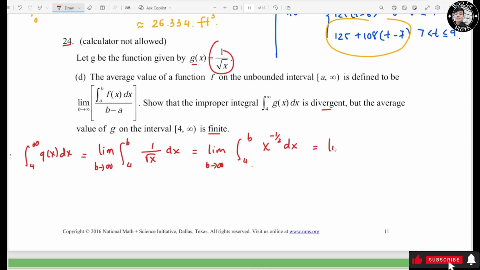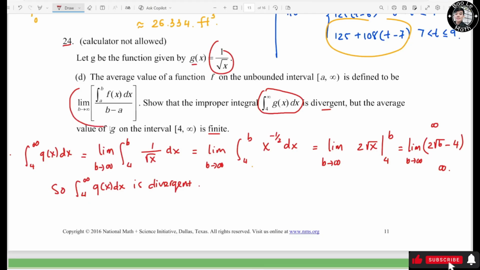So it's going to be the limit as b approaches infinity of 2 square root of s evaluated from 4 to b, right? And it's going to be the limit as b approaches infinity of 2 square root of b subtract 2 square root of 4. It's going to be 4, right? As b approaches infinity, infinity subtract 4 is going to be infinity. The integral from 4 to infinity of g of s ds is divergent.